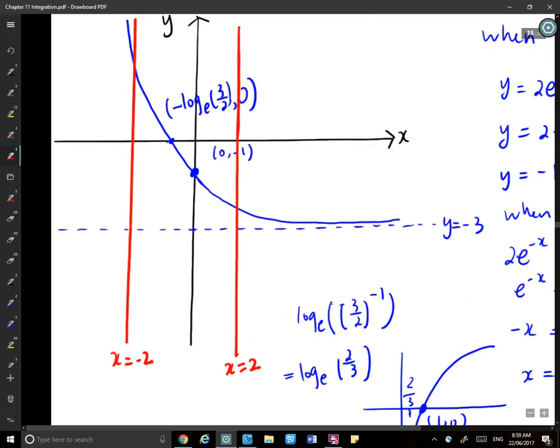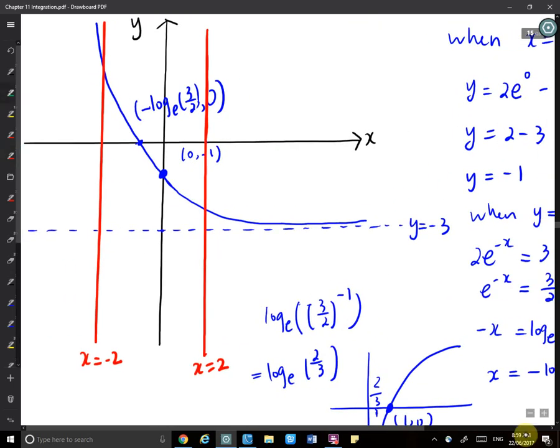Well, what is the area we're talking about then? The area we're talking about is this area, bound by the curve, by negative 2, by the x-axis. And this area we're talking about. Those two are the areas we're talking about. So this point is negative 2.